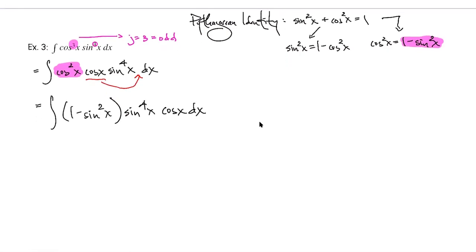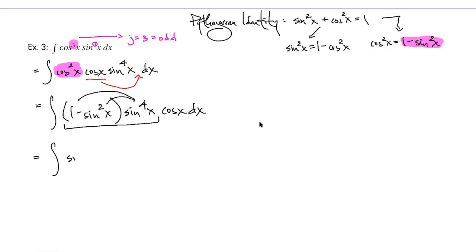Now, I thought someone asked that really great question earlier, do you have to kind of worry about both of the powers? And the answer is no, because in this case, look what happens. I'm going to take these two terms, and I'm going to take the sine to the 4th, and I'm going to distribute it to the 1, and I'm going to distribute it to the sine squared.